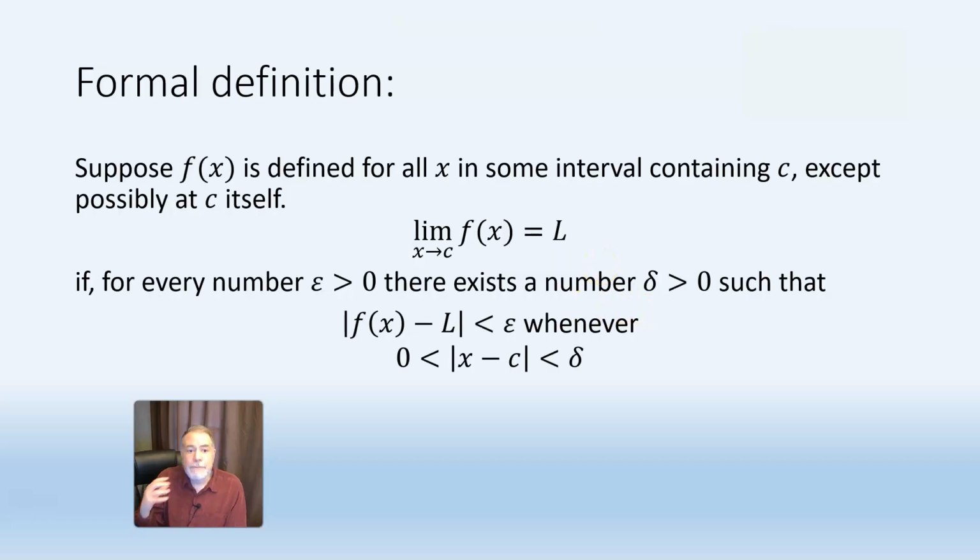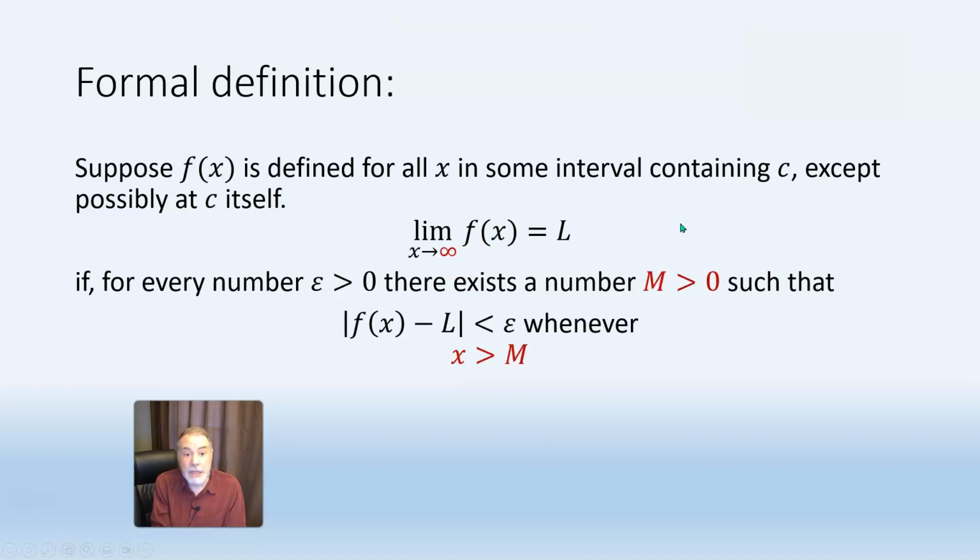And if you want to know the formal definition, in previous videos I've explained the formal definition of what it means to take the limit of some function as x approaches some number, c. It means that you can get values of f of x that are as close as you want to that limit L by making sure that the number you put in for x is close enough to that number c. Well, now we're talking about, instead of x approaching a number c, x approaching infinity.